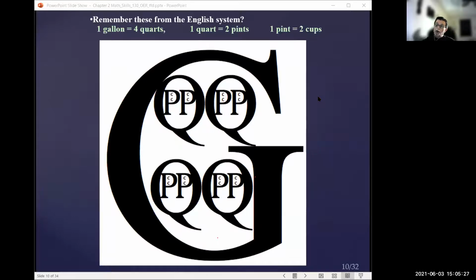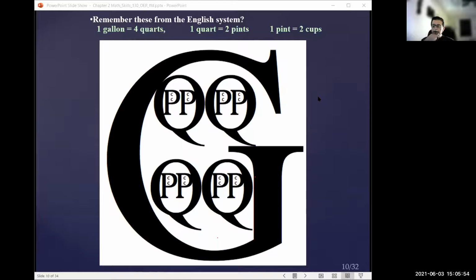Now, within the quart, you have 2 P's, which represent pints. So there are 4 quarts in a gallon. The G is the gallon, Q is a quart. There are 2 P's or 2 pints in a quart. And then within the pint, there are 2 cups per pint.